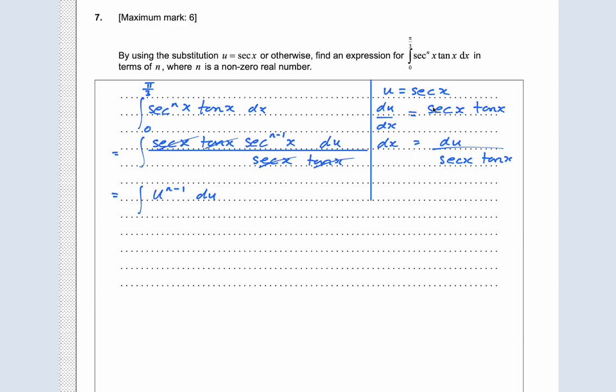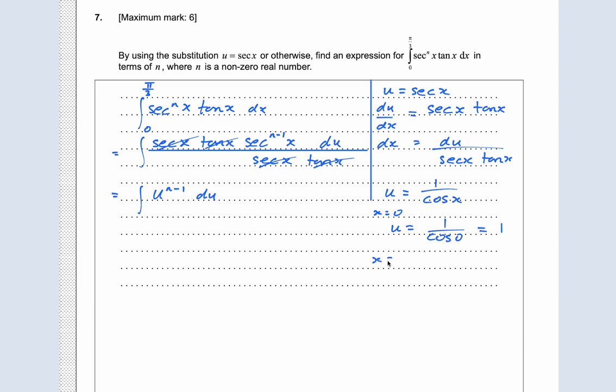Okay, now at this point I could just change the limits. In fact, let's just do that now. If u is sec x, u is actually 1 over cos x. That's what sec x is. So when x is 0, u is equal to 1 over cos 0. Cos 0 is 1, so that's equal to 1.